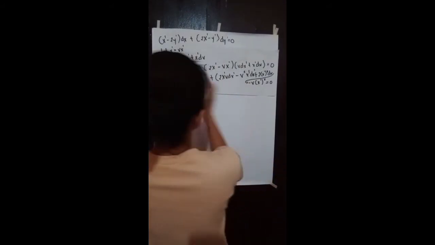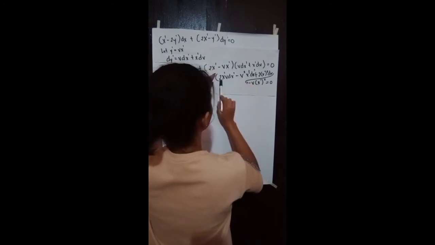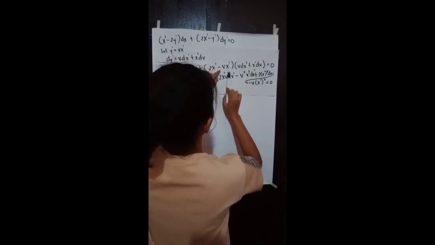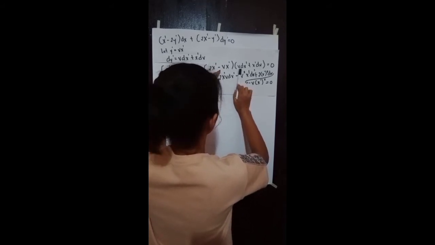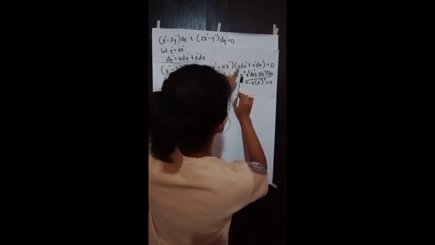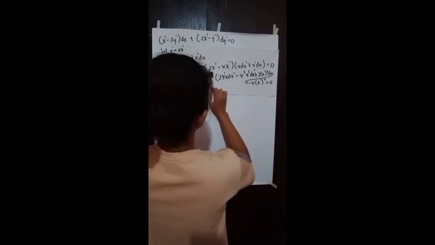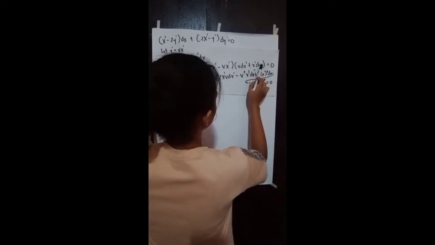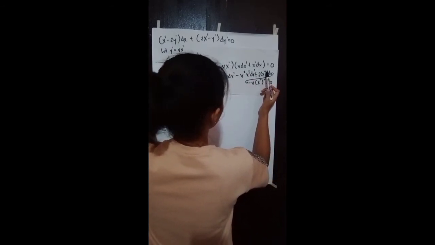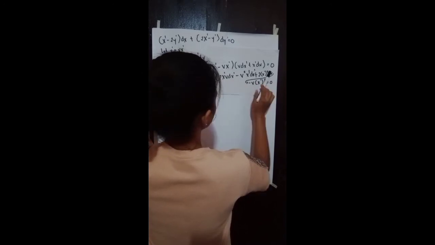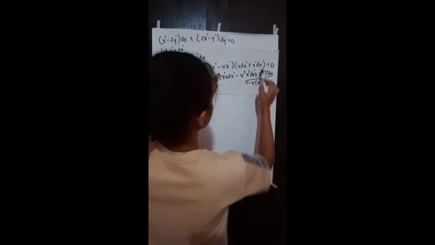For this part, we multiply 2x by v dx, so the answer is 2x prime v dx. Next is negative vx times v dx prime, so the answer is negative v squared x prime dx. Next is 2x prime times the last part, so the answer is 2 x prime squared dv.